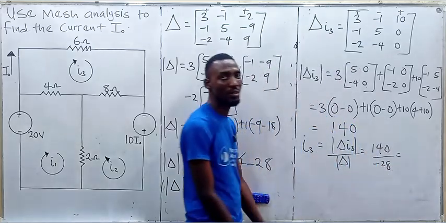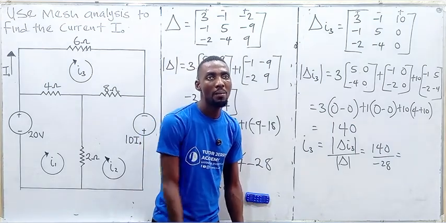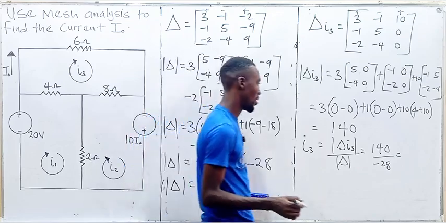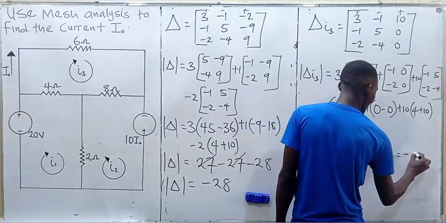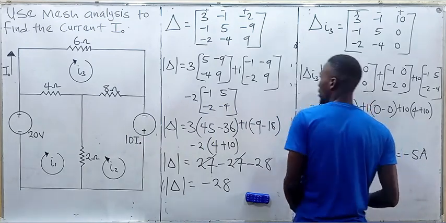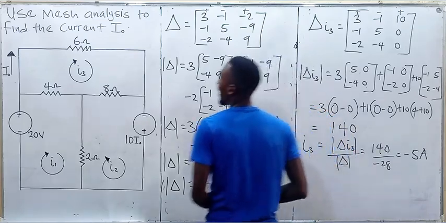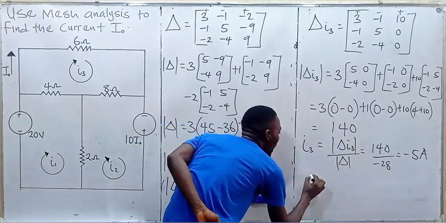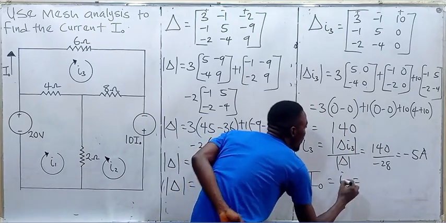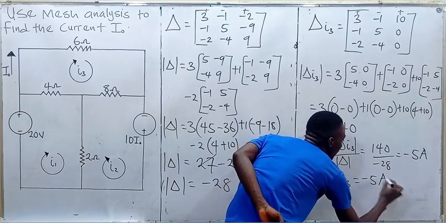So that should give us minus 5, right? So we're going to have minus 5 ampere. All right, but don't forget that our I naught is equals to I3. So this is equals to minus 5 ampere.